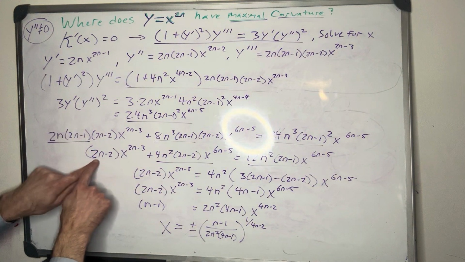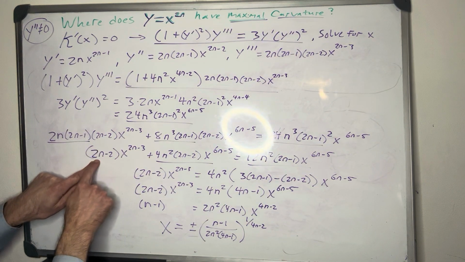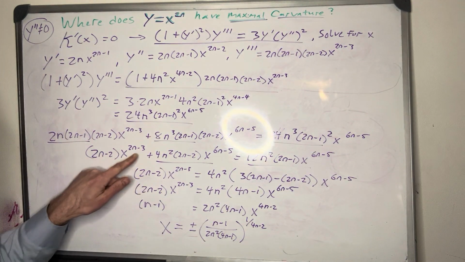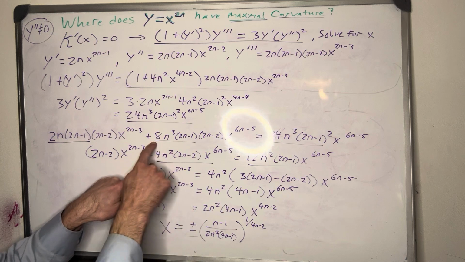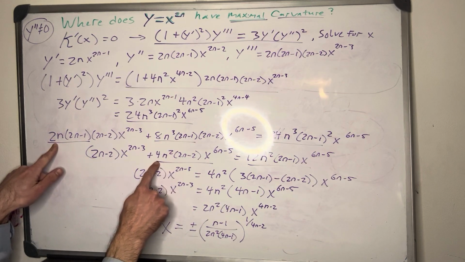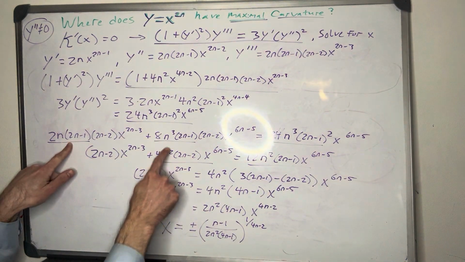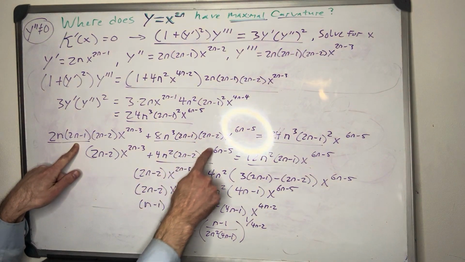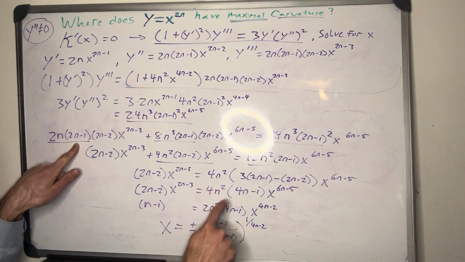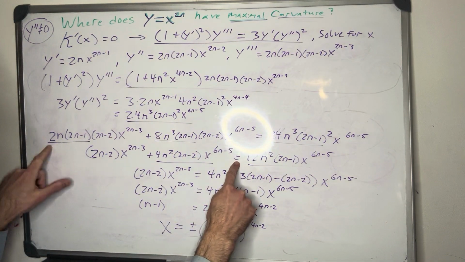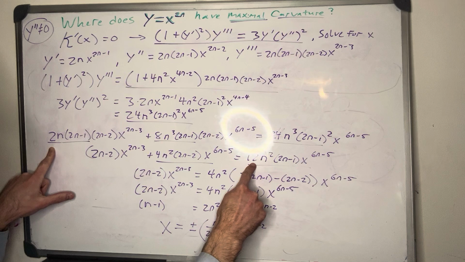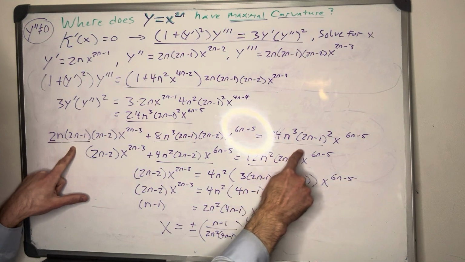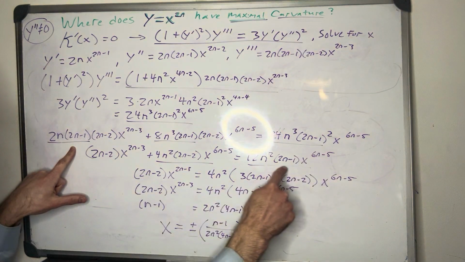In the first term, you still have 2n minus 2, x to the 2n minus 3. In the next one, the 2 reduces it to 4 n squared, and then you just have 2n minus 2 left, x to the 6n minus 5. And that's equal to, dividing by 2, 12, cancel out an n, you get n squared, and one factor of 2n minus 1 goes away.